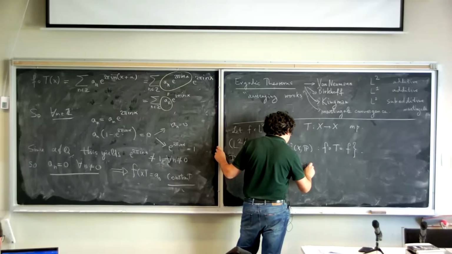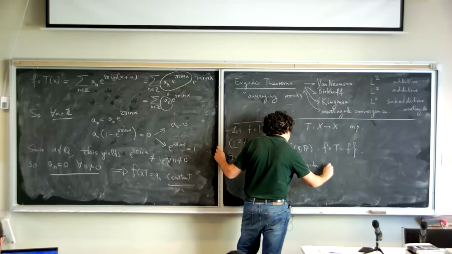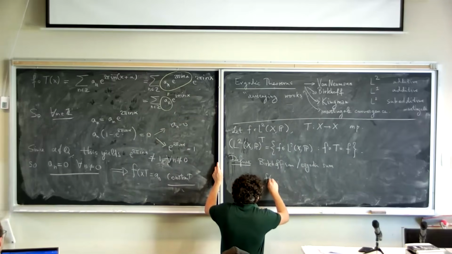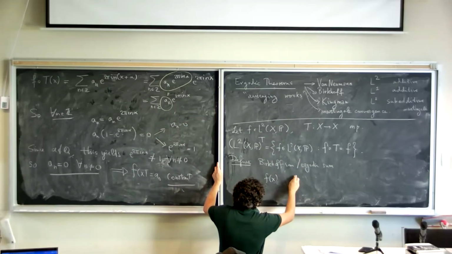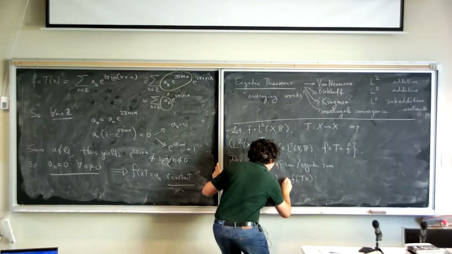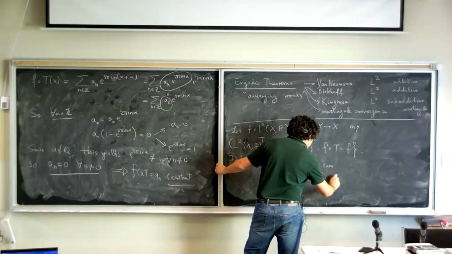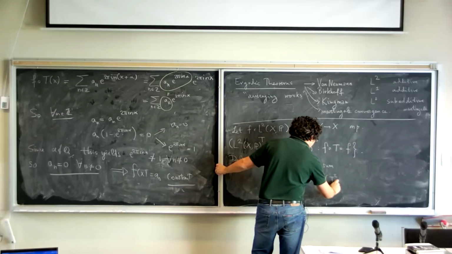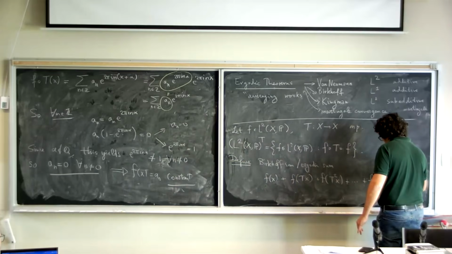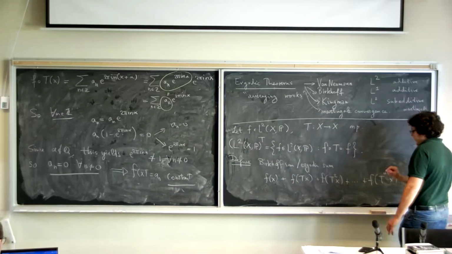You take f of x and apply the dynamics to it: f of T of x, f of T squared of x, and so forth, up to f of T^(n-1) of x.